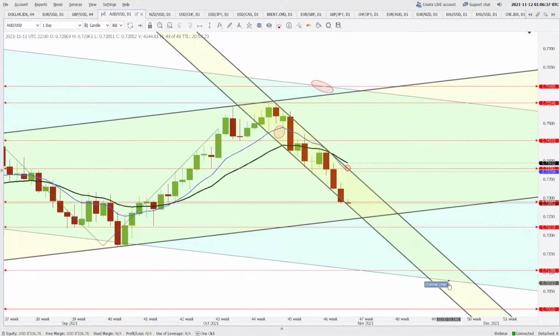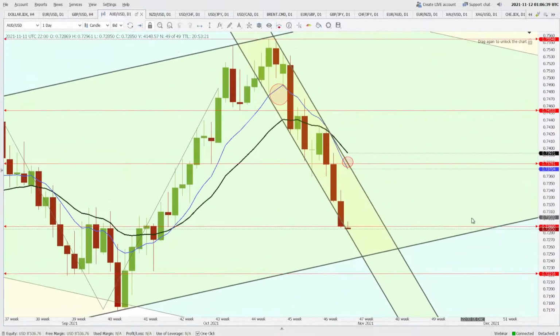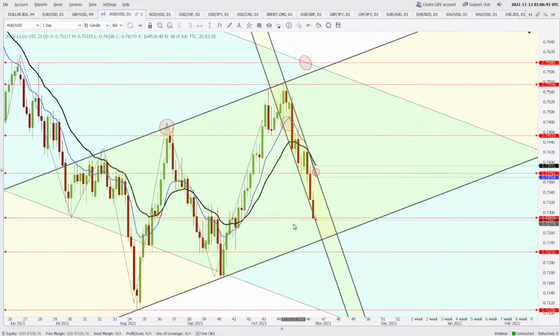Now in the case of the Australian dollar, I was expecting 0.7289 to act as a support, but it is not acting as a support. You see how good support and resistance it was in the past, but now it failed to act as any support, and now the price is, I think, headed back to this rising channel support line. And if this channel breaks, then 0.7221 will be exposed in this market.